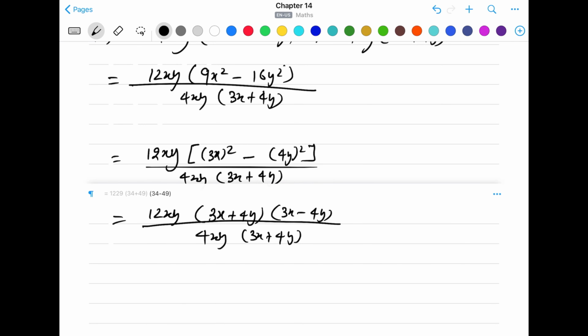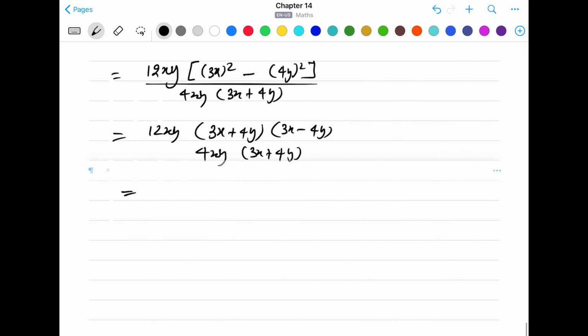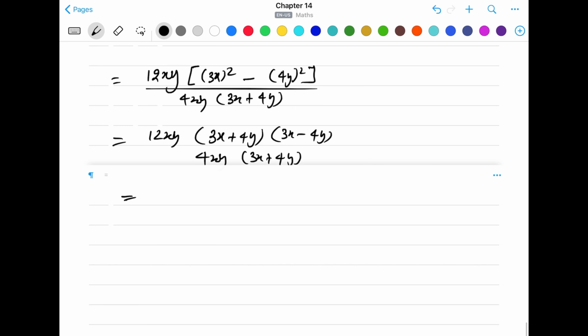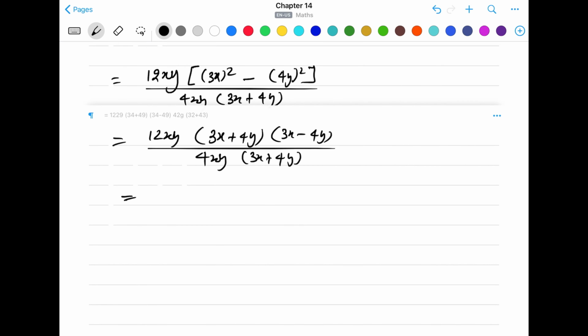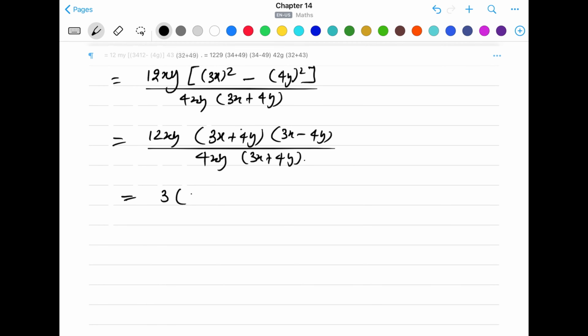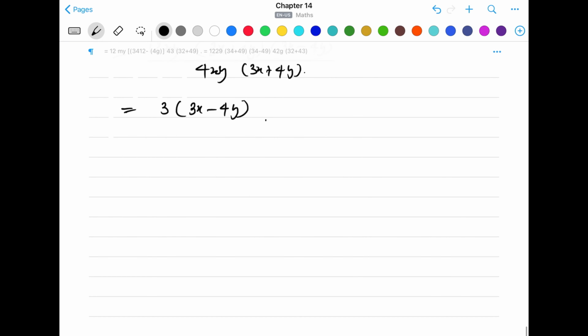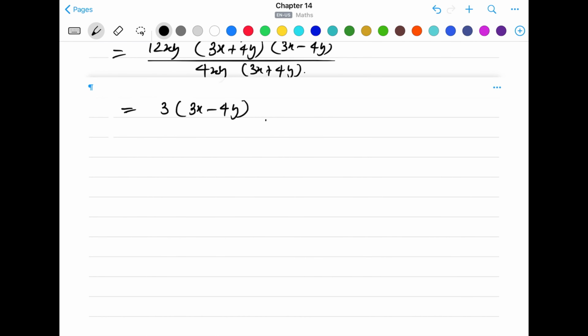Now 12 divided by 4 will be 3. The xy will cancel the xy, and the 3x plus 4y will cancel the 3x plus 4y, so we'll be left with 3 into 3x minus 4y. So that's the solution of part 6.